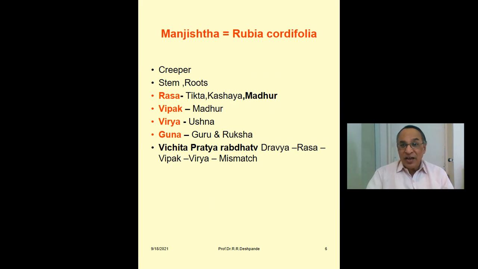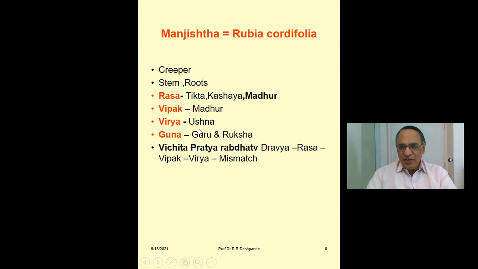Ayurvedic herbology, Dravyaguna Vigyan, is based on the Rasa, Vipaka, Virya siddhanta. Rasa, the taste, of Manjistha is Tikta, Kashaya and Madhura: Tikta is bitter, Kashaya is astringent, and Madhura means sweet. Vipaka, the post-digestive effect, is Madhura.